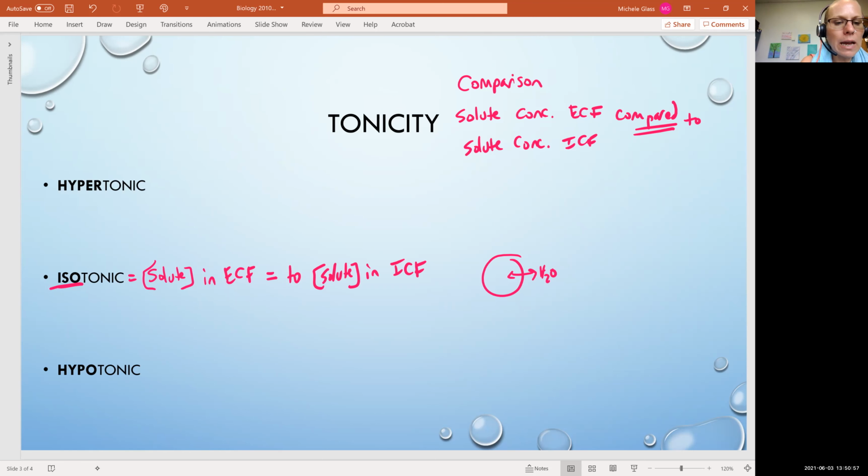So this is like, how do I want to say this? I'm going to call it ideal. Ideal for human cells.